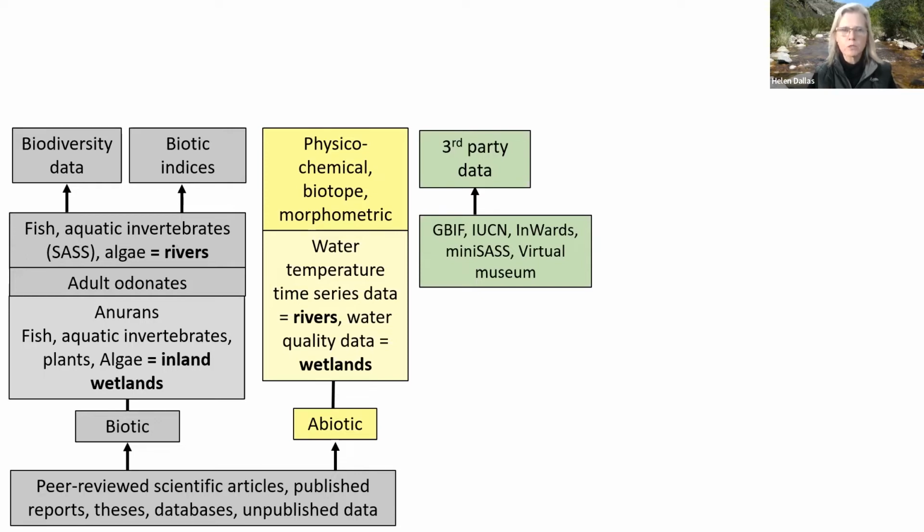So we're tapping into citizen science data, which is really, really valuable. We also rely on the IUCN for conservation status. We link with our partner for the DWS water quality data via their inward system. And then we also present citizen science data for mini-SAS, as well as the virtual museum.